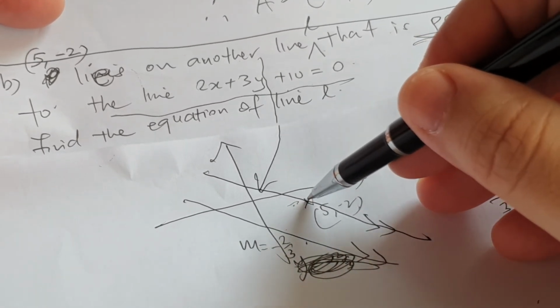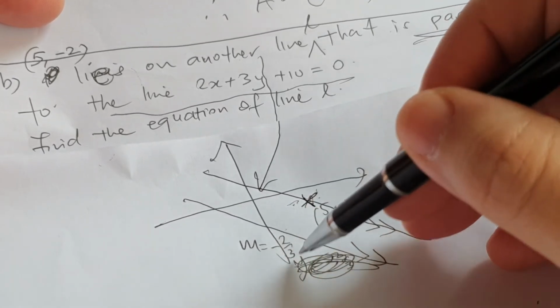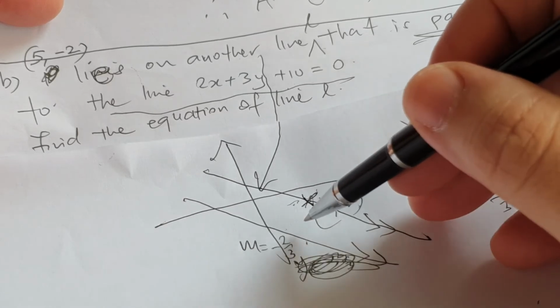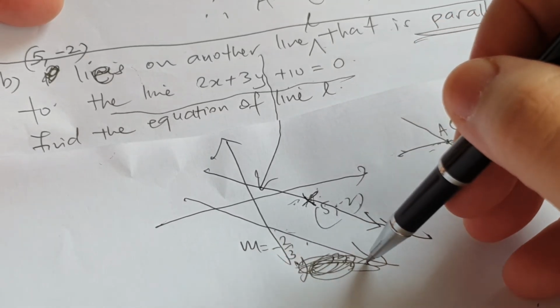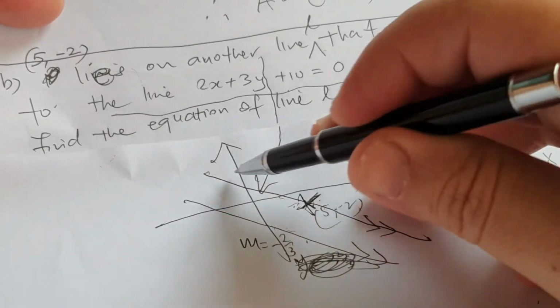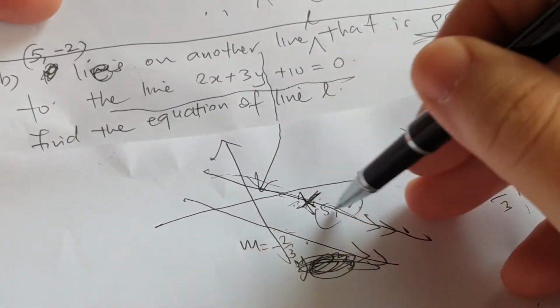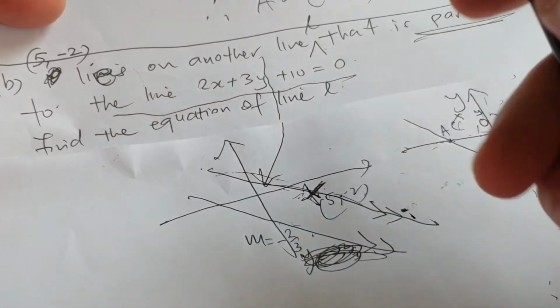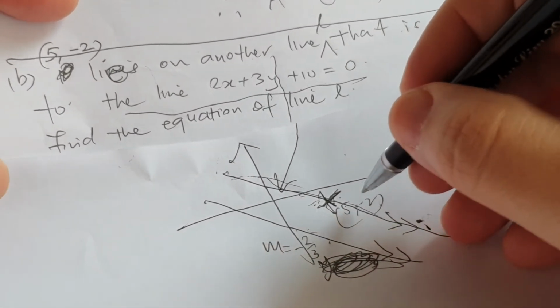So don't be confused. A lot of students would think that this point lies on this line. No, it doesn't. If you don't believe, go and substitute this point into this line equation. It doesn't satisfy the equation. So this point lies on another line, but this other line is parallel to the line that they give you. Okay? So now how do we find the answer?